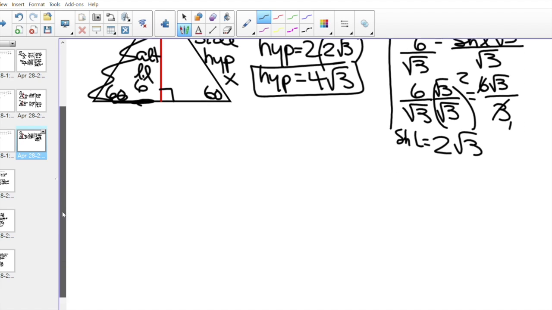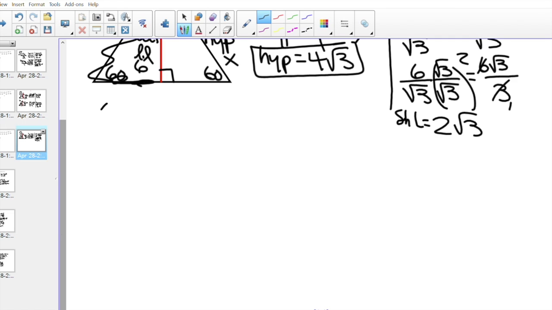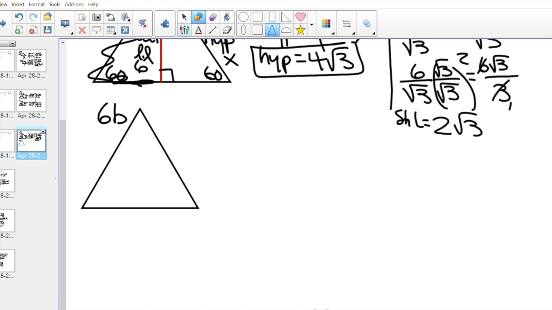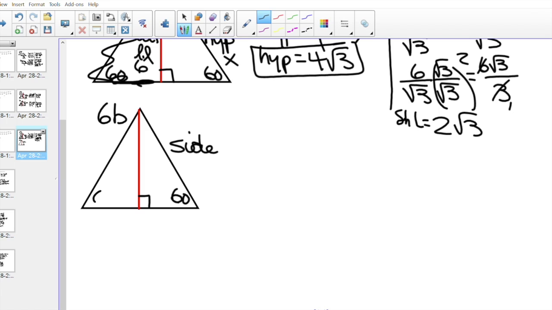Now we want to move down and do 6b. Again, you're looking at an equilateral triangle with the altitude being drawn, which forms a right angle. Now this is the side of the equilateral triangle. These are 60s.